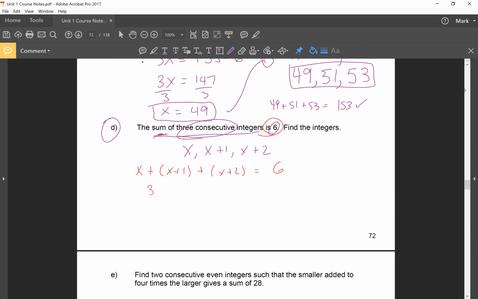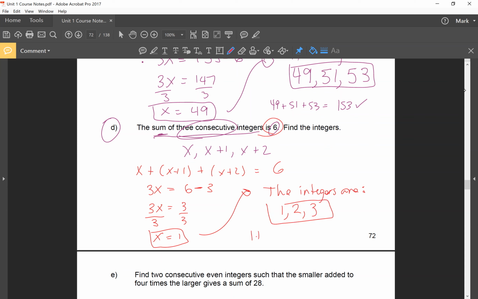So 3 x's equals 6 minus 3. 3x equals 3. And I divide by 3 to figure out that x equals 1. Which means my integers are 1, then I'm going to add 1, 2, then I'm going to add 1, 3. And you can check this, 1 plus 2 plus 3 equals 6.